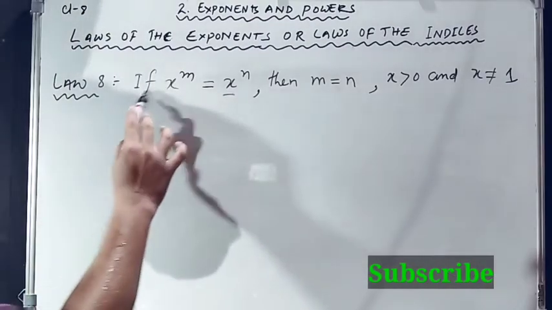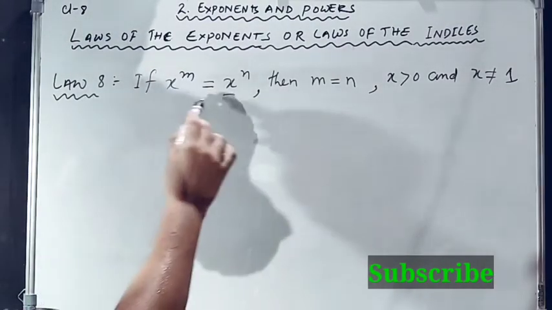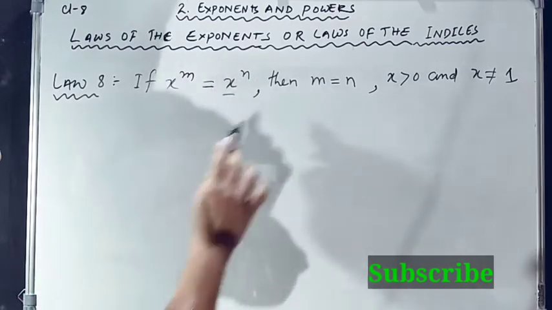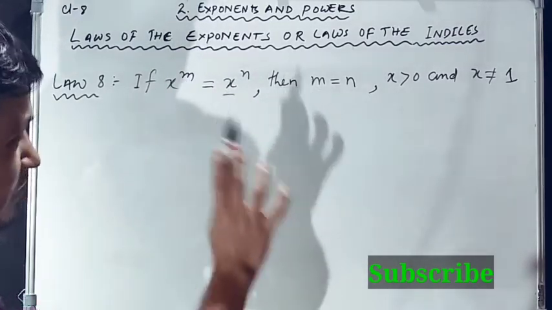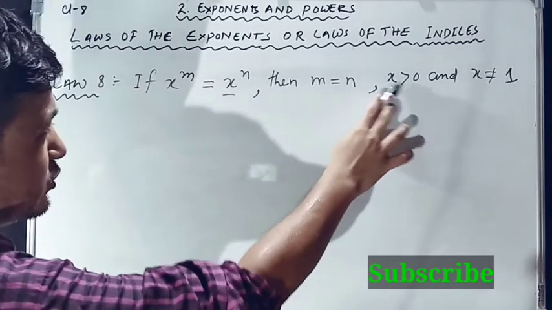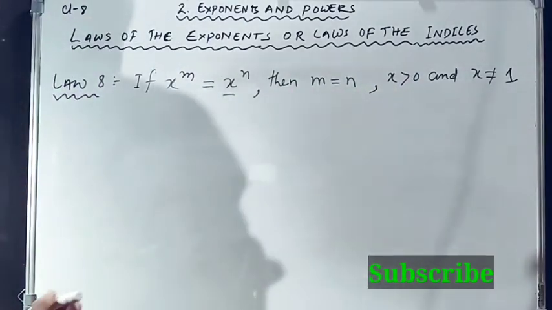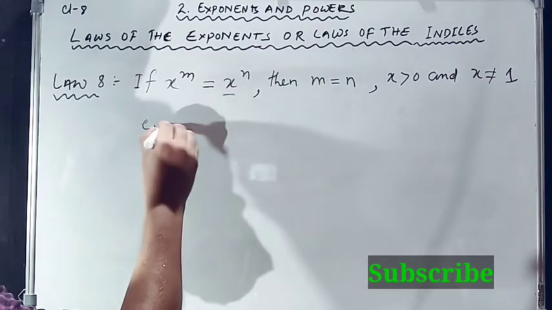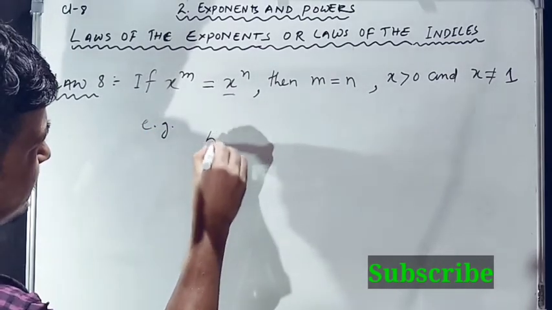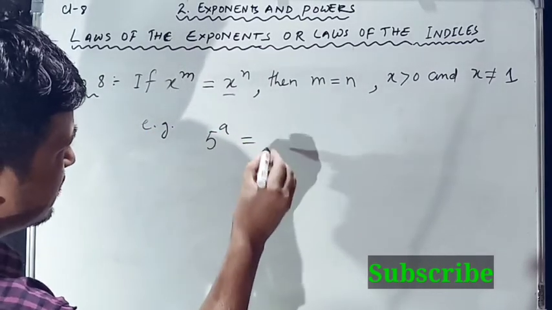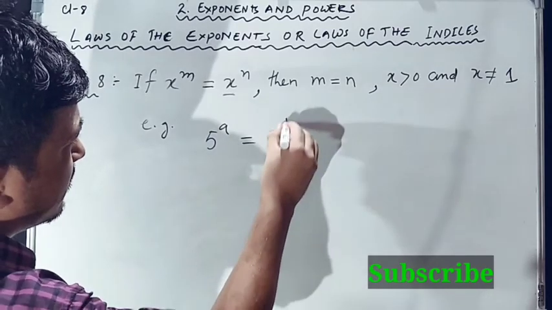Now law number 8. If x raised to the power m is equal to x raised to the power n, then m is equal to n, but x should be greater than 0 and x should not be equal to 1. Okay, example I will show you. Suppose I have here 5 raised to the power a is equal to 5 raised to the power b.